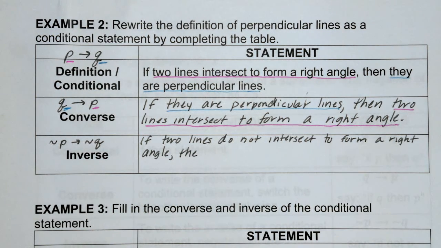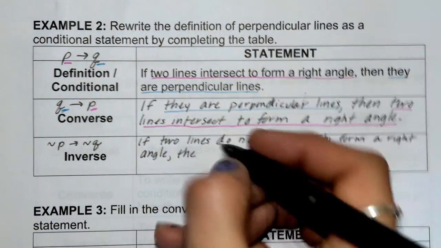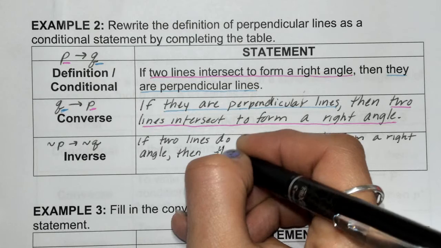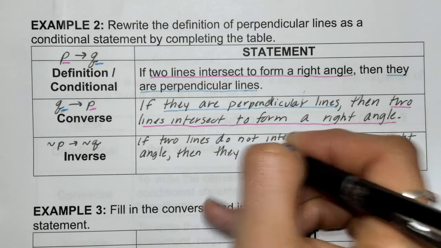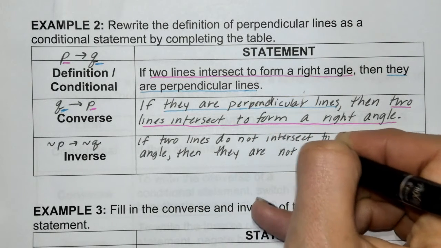So pause if you're not done. So then we're looking at what is the opposite of our conclusion. They are perpendicular lines. How can we say that that's the opposite? They are not perpendicular lines. Okay, so then they are not perpendicular lines.